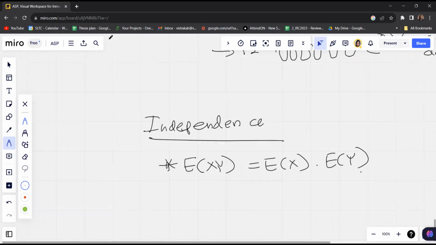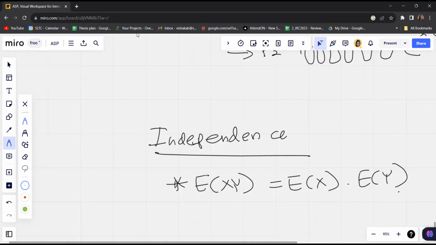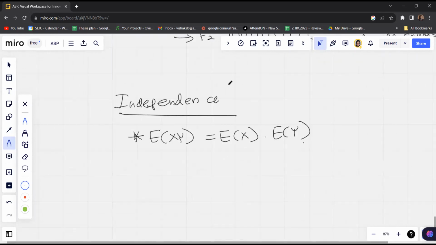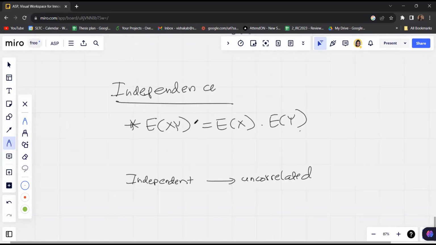So when we are talking about independent random variables, the same concept of uncorrelatedness applies here. However, the difference between independent random variables and uncorrelated random variables is that independent random variables will always be uncorrelated random variables.